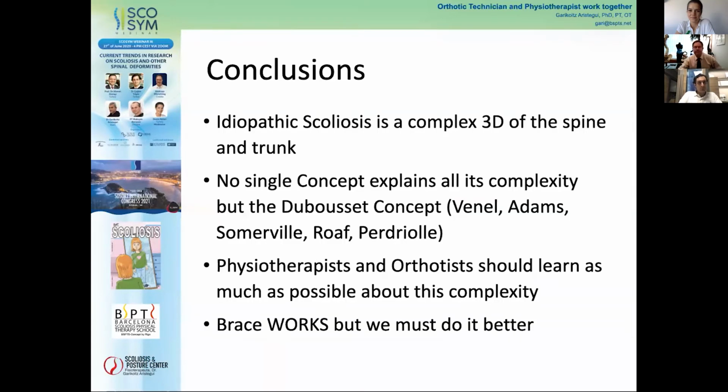Okay, to finish and as a conclusion, in my opinion, idiopathic scoliosis is a complex 3D deformity of the spine and trunk. No single concept explains all its complexity, but the Dubousset concept maybe can do it. Physiotherapists and orthotists should learn as much as possible about this complexity. Brace works, but we must do it better.